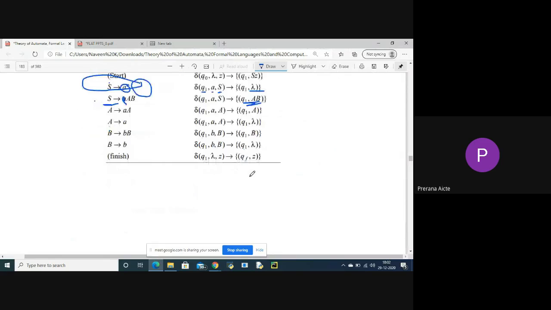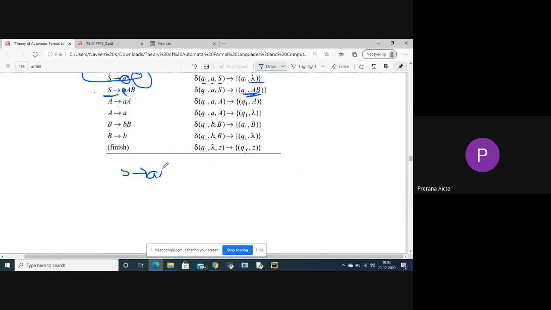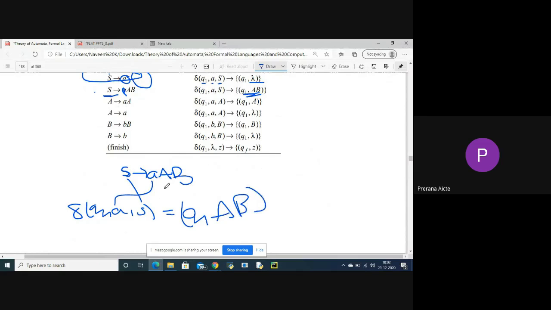For example, if it is S tends to small a capital B, it is represented by delta of Q1 comma small a comma S is equal to Q comma AB. Okay, it is Q comma AB.